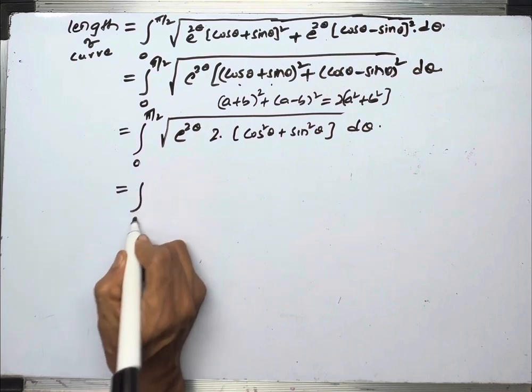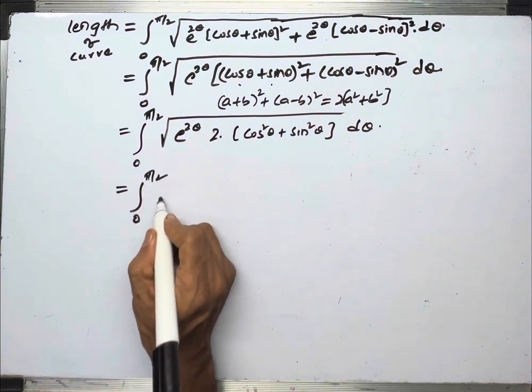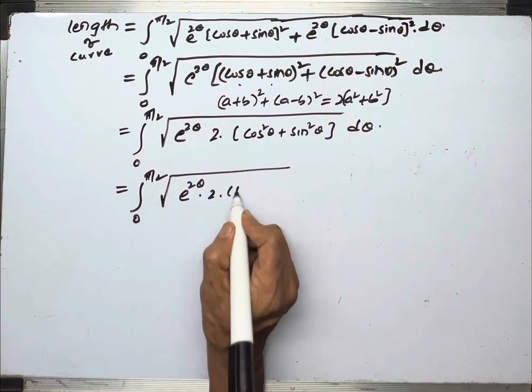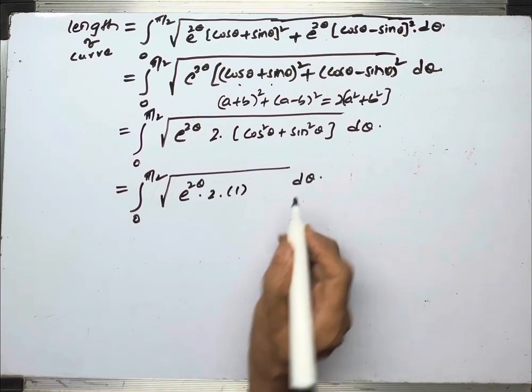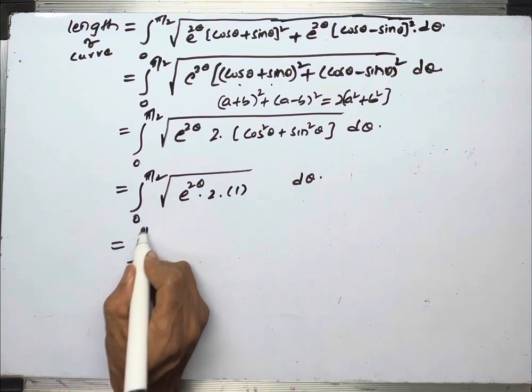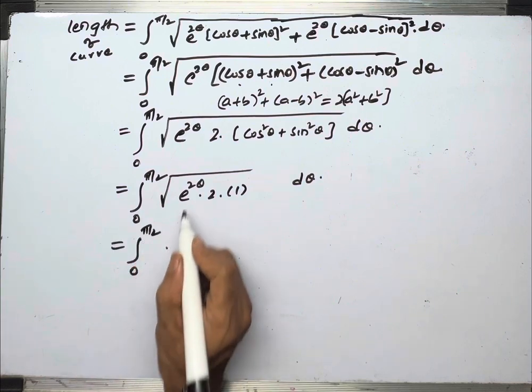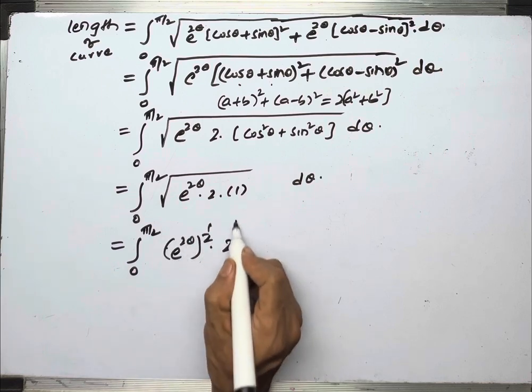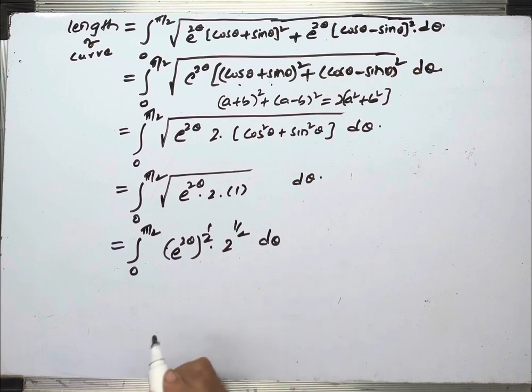So this will be integral 0 to pi by 2 square root of e power 2 theta into 2 into 1. This is d theta. In next step, 0 to pi by 2, square root is taken as e power 2 theta power 1 by 2, 2 power 1 by 2 d theta.